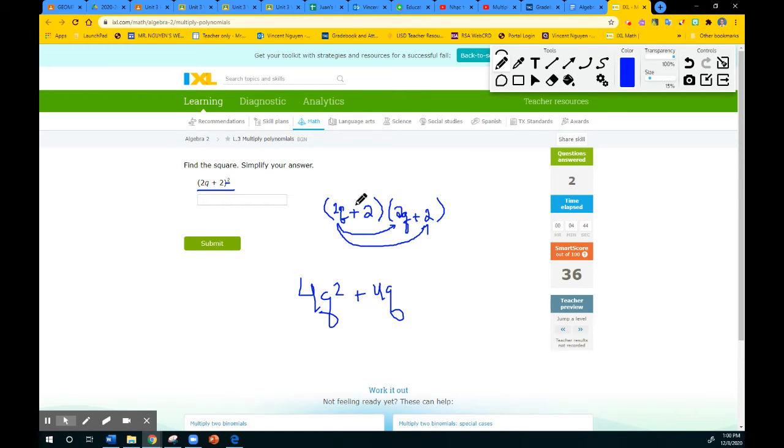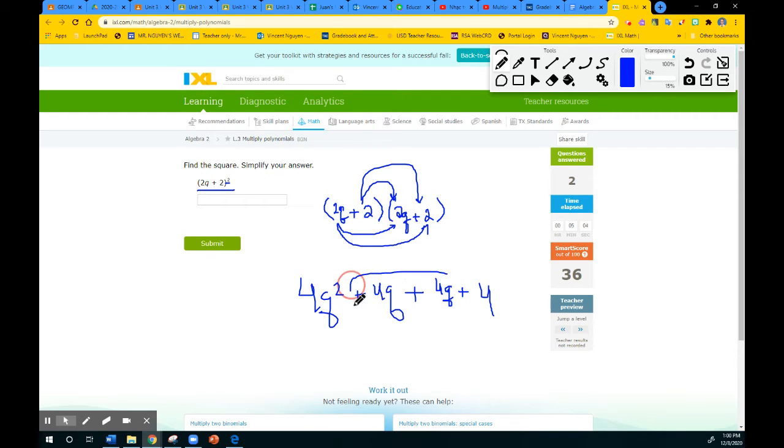And then I'm going to do it again for this 2 up here, and I'm going to do it again for both of these, okay? And then I continue writing my expression. Plus 2 times 2q is 4q again. It's a different 4q, but it is again. And then 2 times 2 will give me 4, okay?